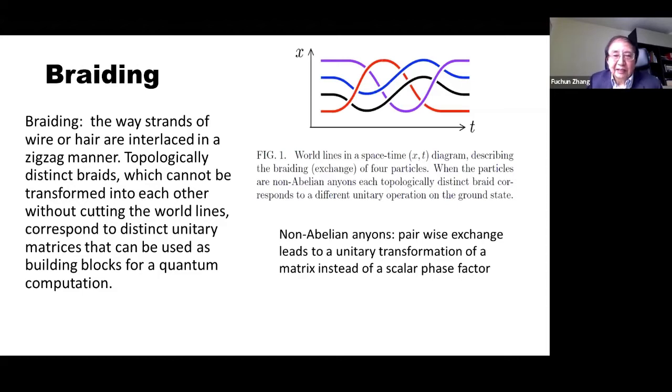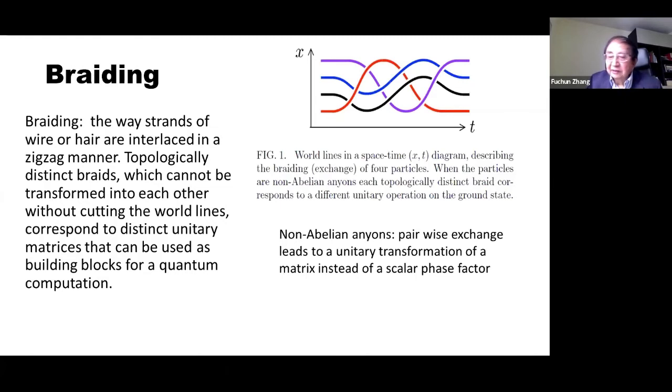And Microsoft Station Q has paid a lot of attention to that. I think it has been over 10 years. So the idea about the non-abelian anyons is that it's similar to anyons, but the pairwise exchange of non-abelian anyons leads to a unitary transformation of a matrix instead of a scalar phase factor.